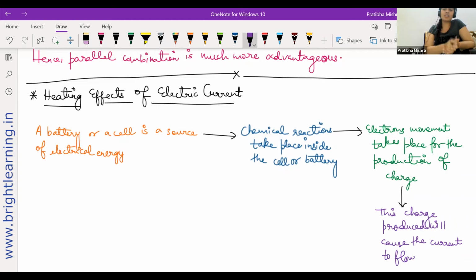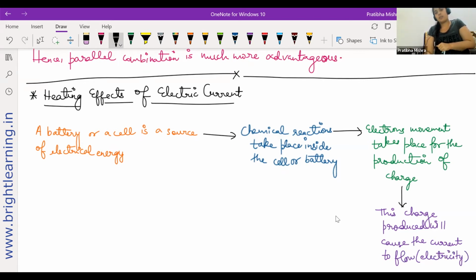When the charge is helping the flow of current, now this current will help us to light the bulb, to switch on the TV, the fans, any electrical appliance operates on electricity. So the flow of current is nothing but electricity.